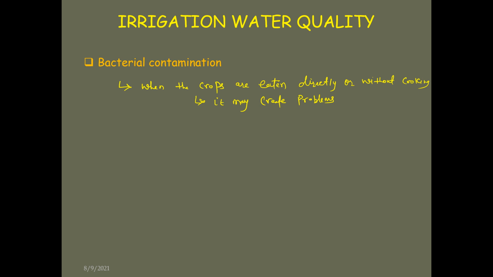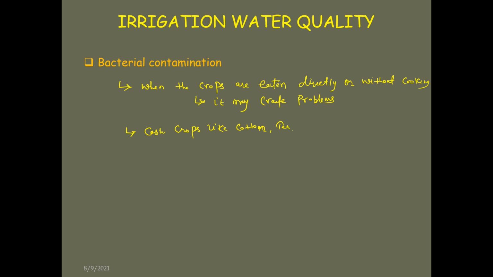Okay. And for cash crops like cotton, tea, etc., there is no problem of bacterial contamination. Why? Because cash crops are those crops which we do not take directly, like vegetables and other things.